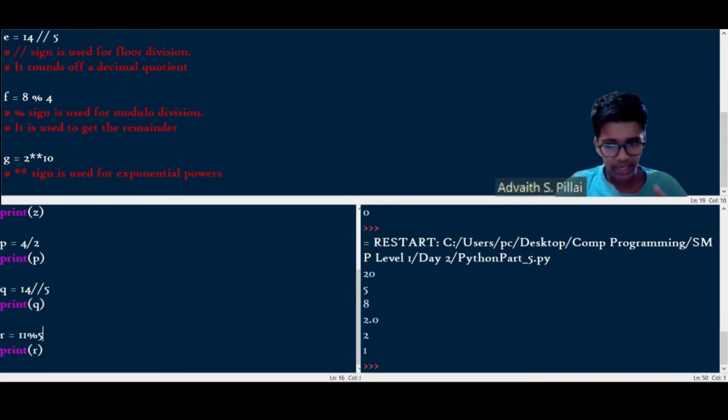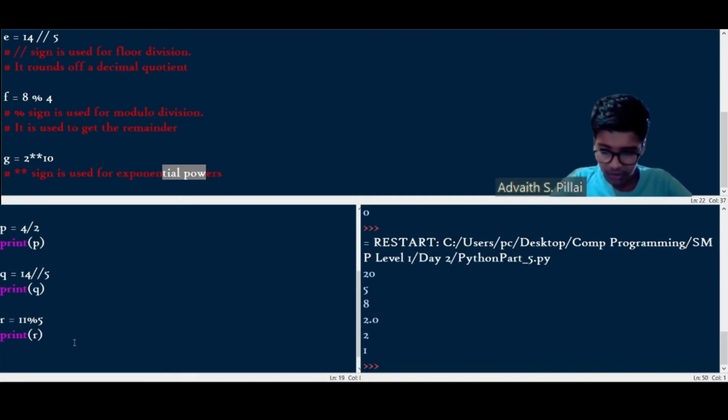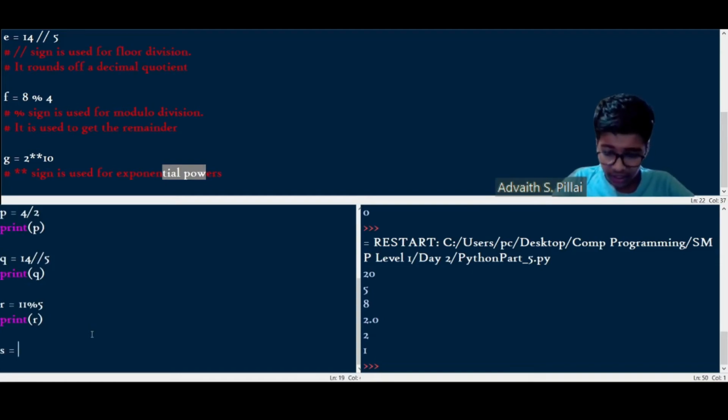So modular division is basically used for getting the remainder of values. Okay guys, so last but not the least, we'll use the exponential operator, which is used for exponential powers. So if we take a variable s and do 2 exponent 2, this is basically 2 squared, 2 to the power 2, and then print s.